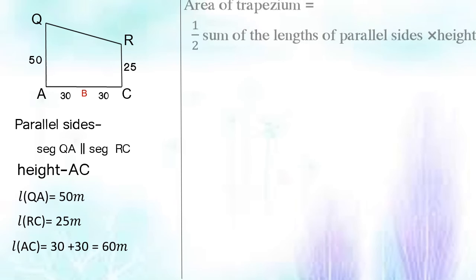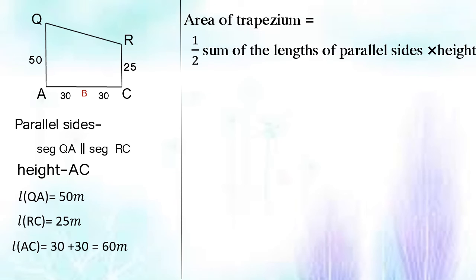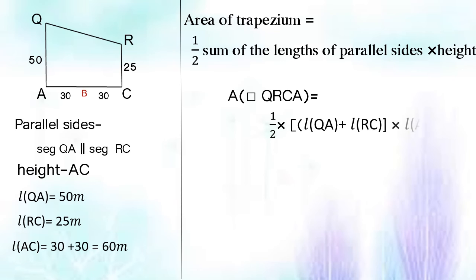Okay, so let's write down the formula of trapezium. Area of trapezium equal to half into sum of the lengths of parallel sides into height. So area of quadrilateral QRCA equal to half into length QA plus RC into length AC. Putting the values, half into QA is 50 plus 25 into 60.